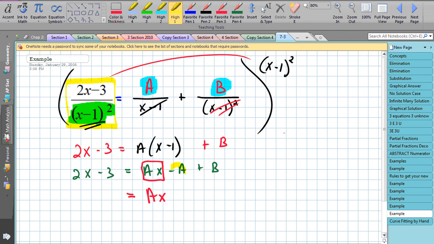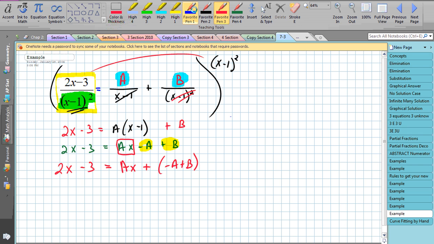And then these two, I'm going to group together, negative A plus B, and I'm going to try to make it look like the format that's on the left-hand side. So if you notice right now, 2 is the coefficient in front of x, so I can make a conclusion about what the value of A is. Notice 3 is the constant, and it doesn't have any x's, just like this group over here.